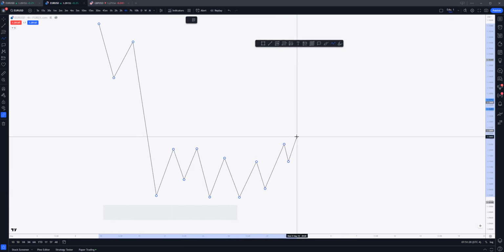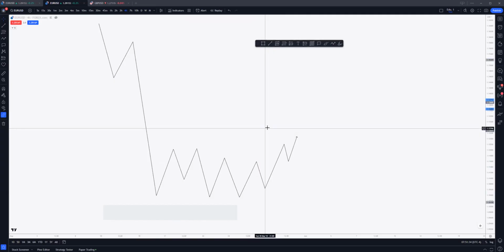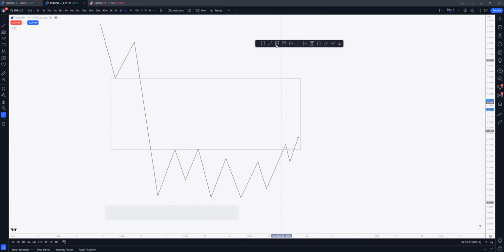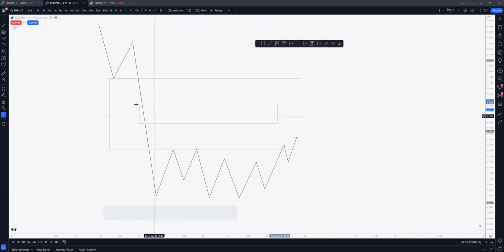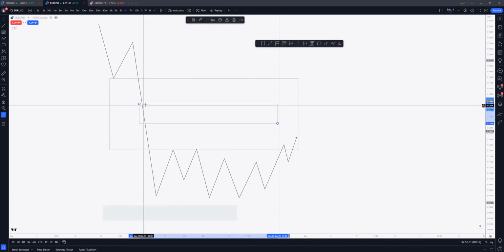As soon as we come into here, we've now jumped into the M15.